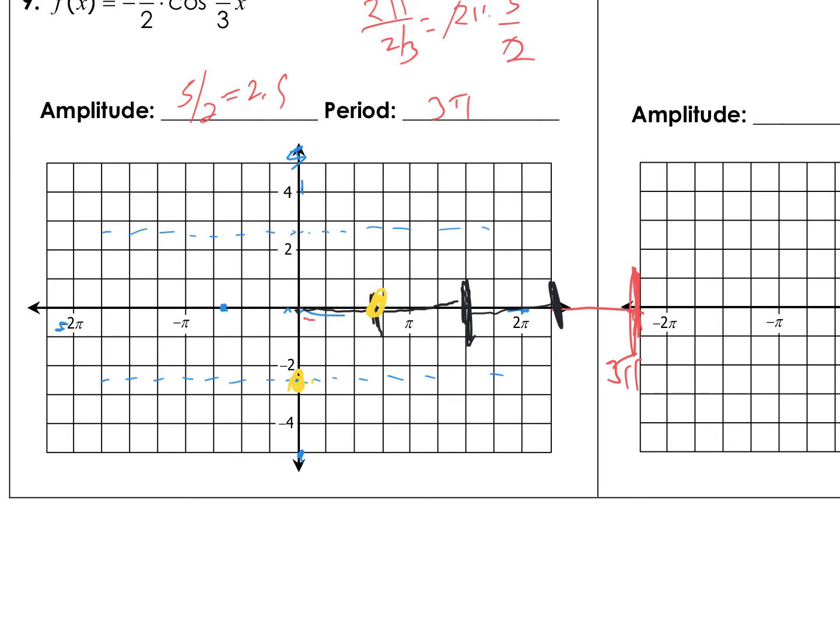Boom. The next tick mark has to go all the way up to the very top. Boom. The next tick mark has to cut the axis again. Unfortunately, that's all you're going to see on this paper. That's all you're going to see if you only stopped where she drew. But I got a little more room here. Boom. I finished the whole picture.